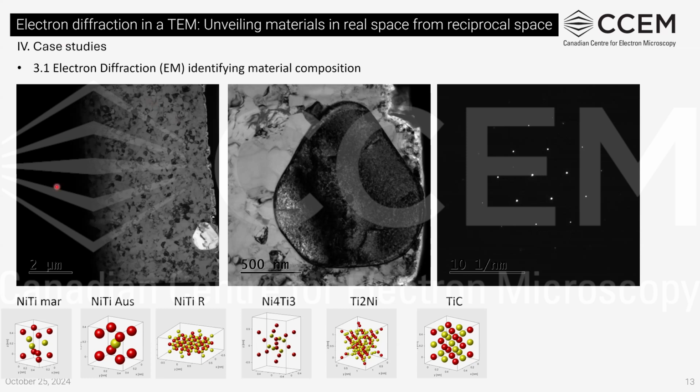For example, this is the overview of a nickel titanium TEM lamella. There are grains inside, and we can spot a suspicious thing inside. When I first saw it, I did not know what exactly it was. But in TEM, I can tilt this suspicious thing into zone axis to get the diffractogram.